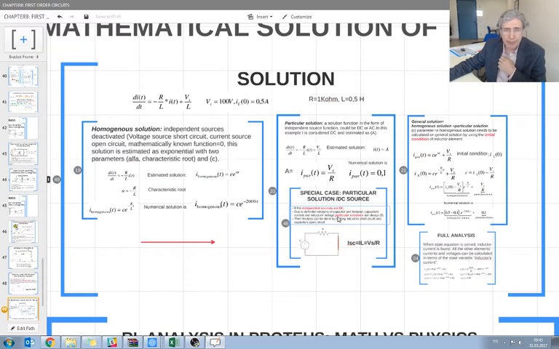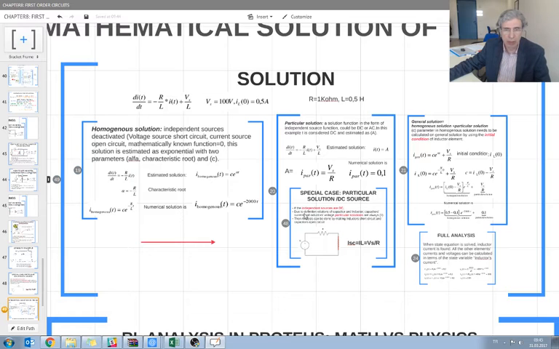This frame is a special case. We are trying to find a particular solution not based on the estimated function that we used here. We will be using an alternative calculation of the particular solution, but this can be applied only in a special case: if the source is a DC source.